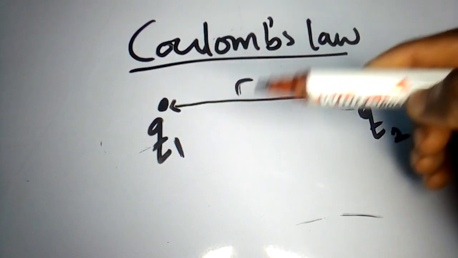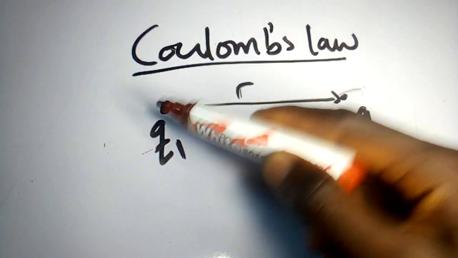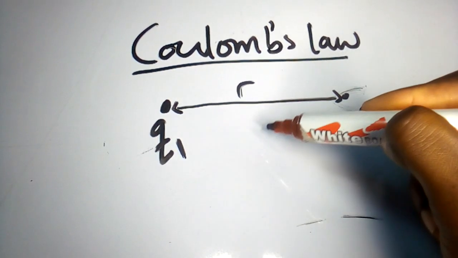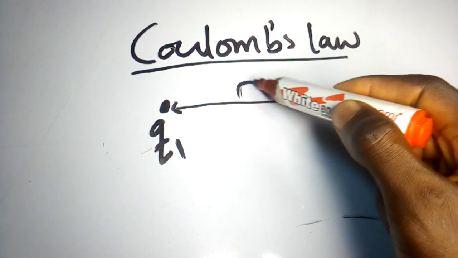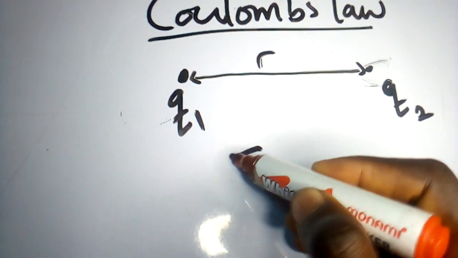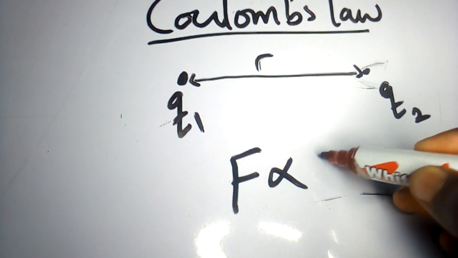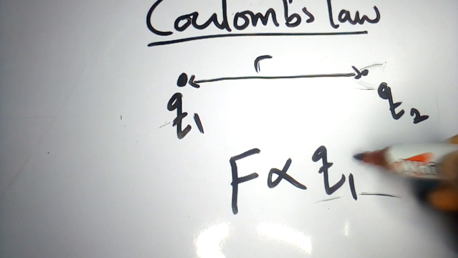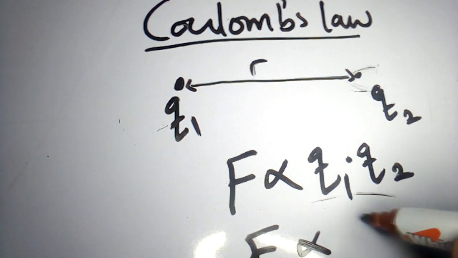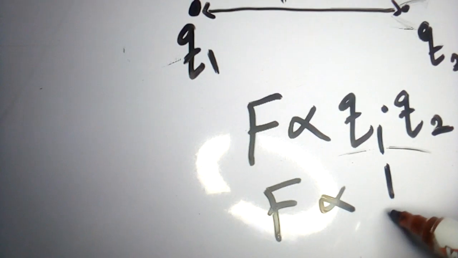This law states that the force of attraction between these two charges is directly proportional to the product of the two charges and inversely proportional to the square of the distance between them. Mathematically, the force F is directly proportional to Q1 times Q2, and the same force is inversely proportional to the square of the distance.